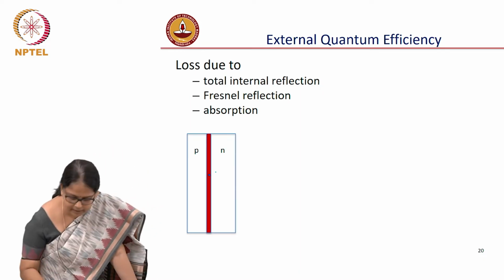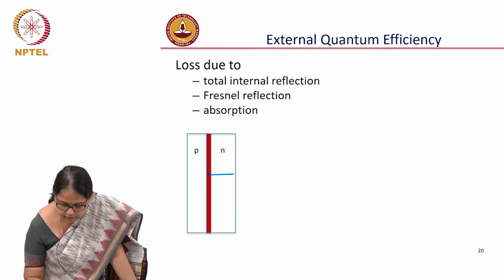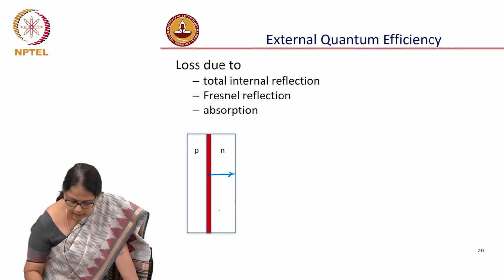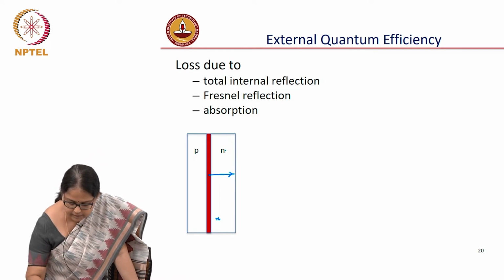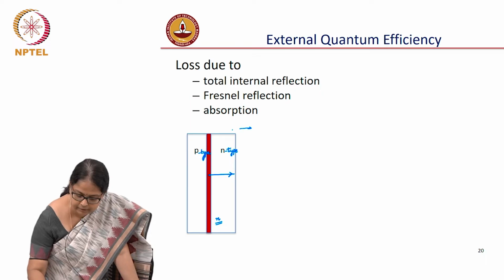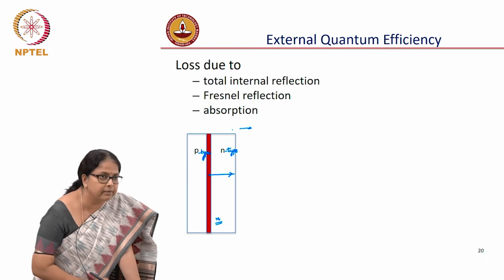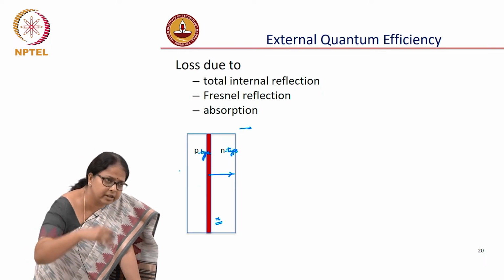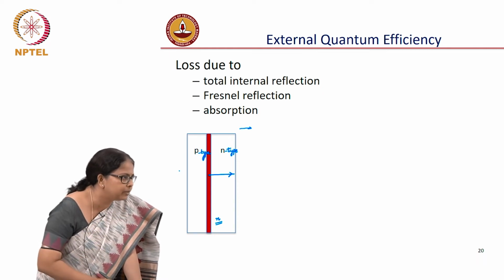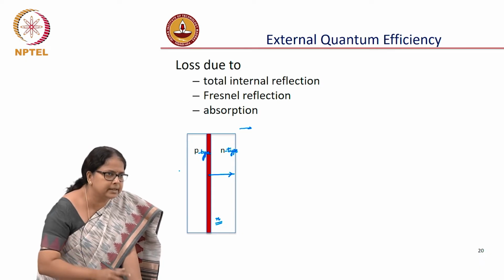Let us say the direction of emission is this. You have a refractive index n here, this is N type and this is P type, but you have a certain refractive index of the material here, and for convenience let us say that it is emitting only from this side. You have created a window where the emission is happening only from one side, it could be P side, N side, does not matter.